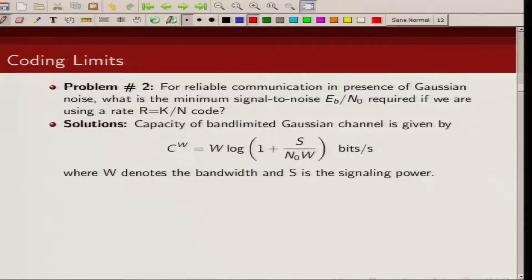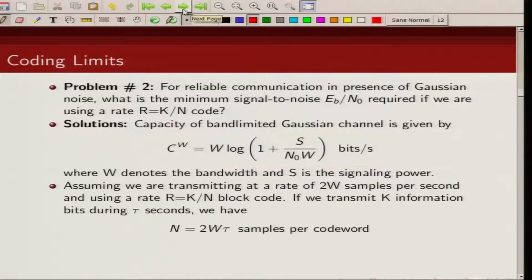We know for a band limited channel, the capacity is given by this expression. Let us say we are transmitting at Nyquist rate, so 2W samples per second, and we are using a rate k by n code.